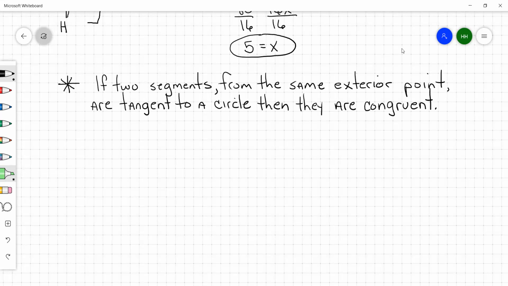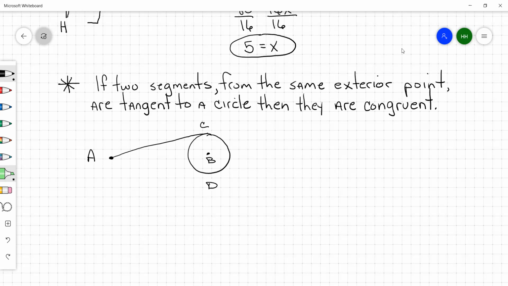Two segments from the same exterior point. So here's our exterior point. Call it A. Let's draw a circle. Put a point in the middle. That's circle B. And now, as careful as you can, make A tangent to circle B. And then we'll call that AC.